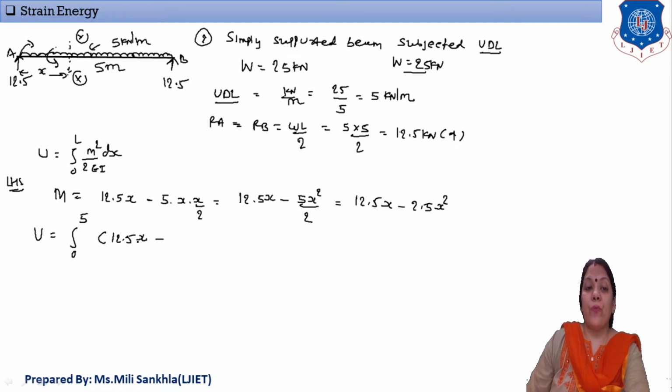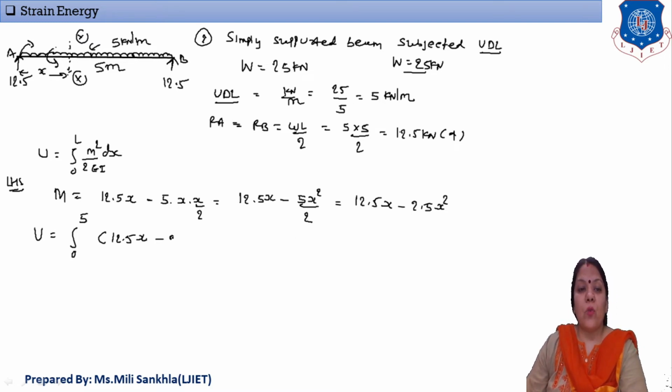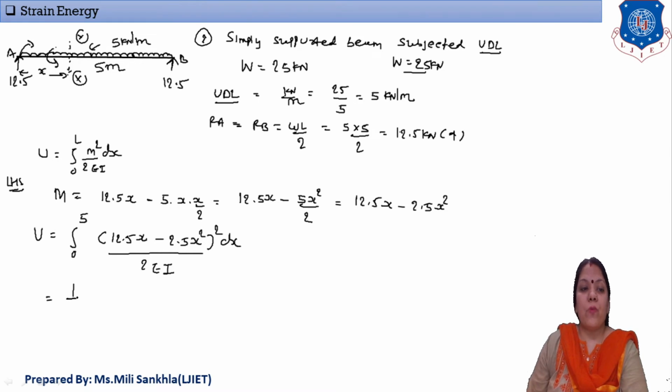Now 12.5x minus 2.5x squared, raised to the square, into dx, divided by 2EI. Now one by one we expand this term. Ultimately this is (a minus b) whole squared. Here we separate out this 1 by 2EI and expand the inner term.